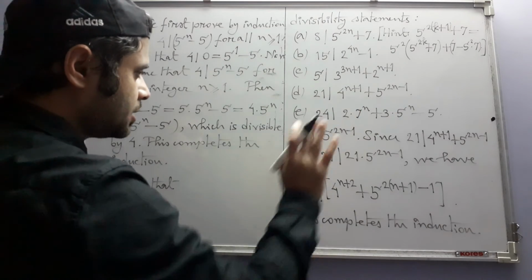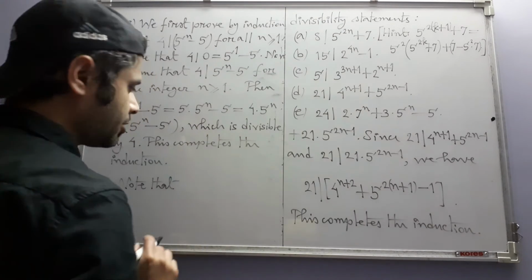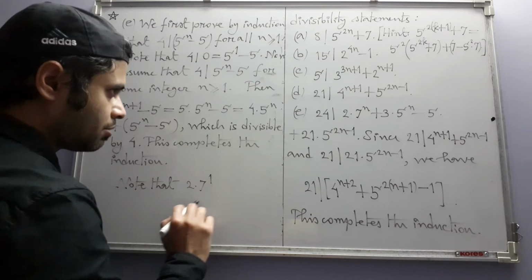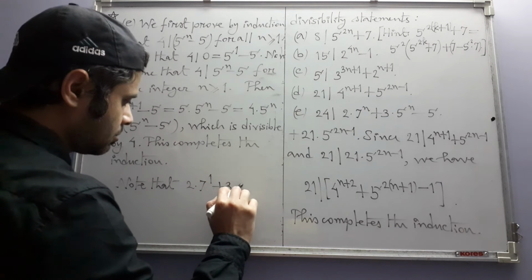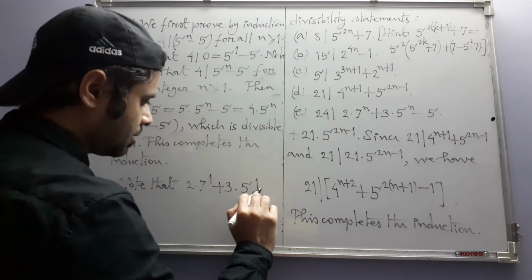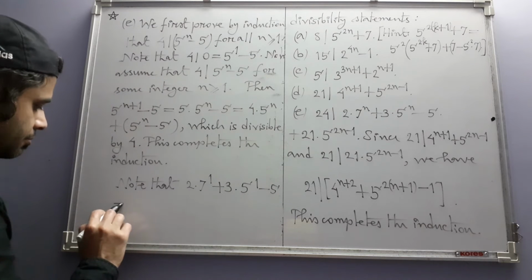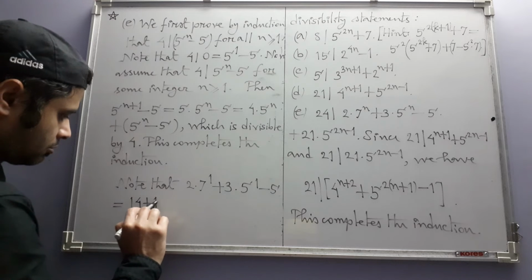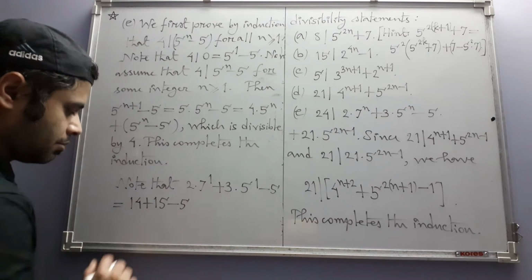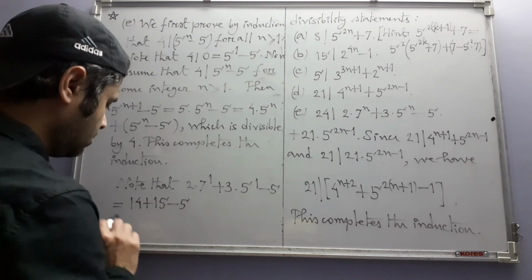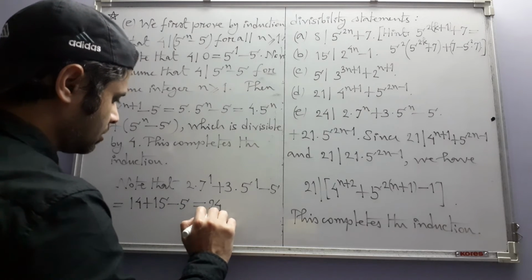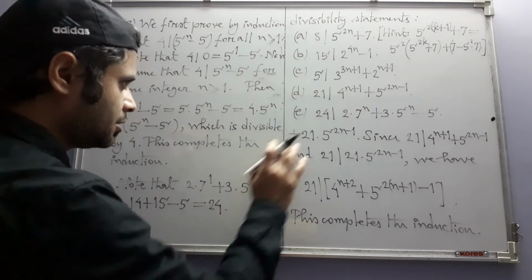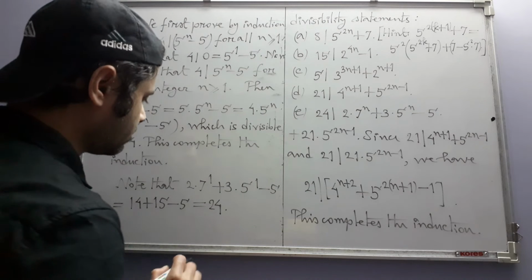Now the basis for this induction is obtained by putting n equal to 1. So 2 times 7 to the power 1 plus 3 times 5 to the power 1 minus 5 is what? 14 plus 15 minus 5. 15 minus 5 is 10. 10 plus 14 is 24. So we get 24 itself, which is divisible by 24. That means this statement is true for n equal to 1.